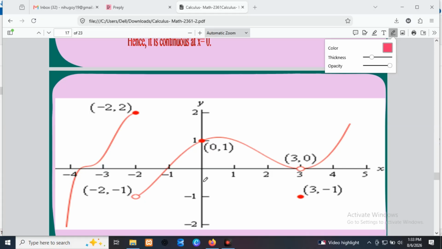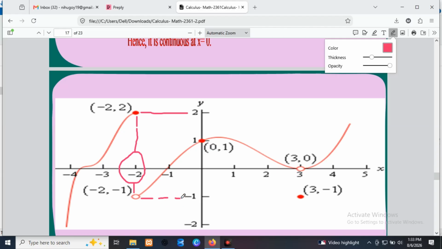If you encounter such a graph, without checking the three criteria, you can detect it simply like this. Now we are asked to check continuity at x equals minus 2. When you look upward, the value is 2. Yes, the corresponding y value is 2. When you look downward, the corresponding value of y is just minus 1.